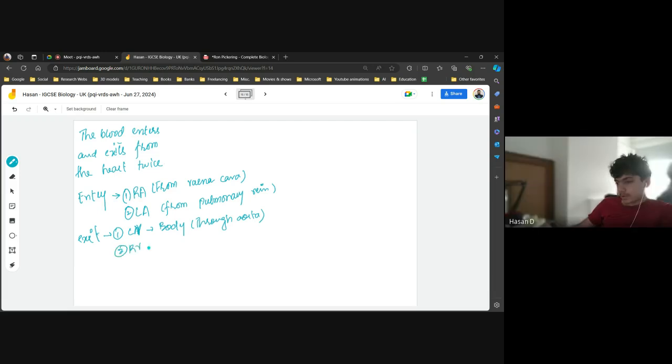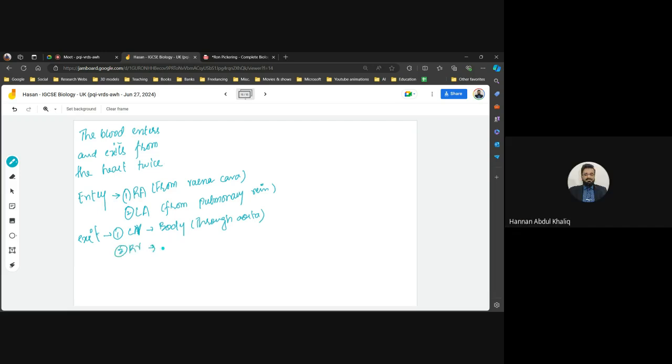Right ventricle. Right ventricle to lungs through the pulmonary artery. Pulmonary circulation. That is how the blood is moving. So this is why our heart is also called a double circuit heart.